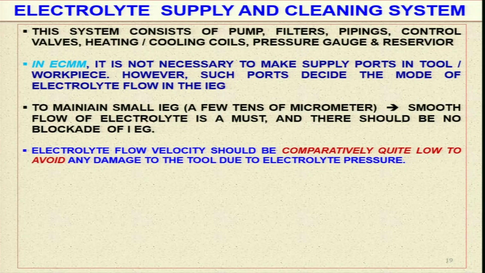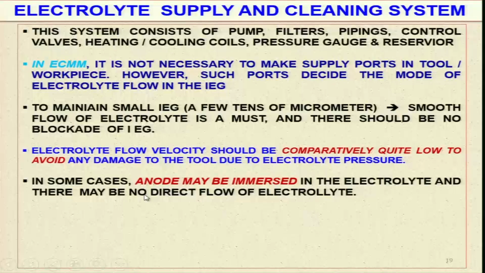But in case of ECMM, tool sizes are in few tens of microns and they may bend due to the electrolyte pressure, so very low velocity is used, or the tool and workpiece are submerged in the electrolyte, and on the other side of the tank, a smooth and light flow of the electrolyte takes place.